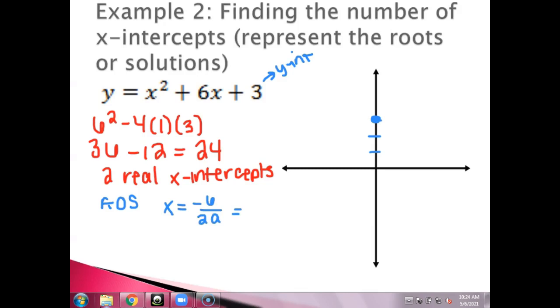The axis of symmetry is negative b divided by 2a. So in this case, negative 6 divided by 2. So it tells me that this graph is symmetric through that line there.